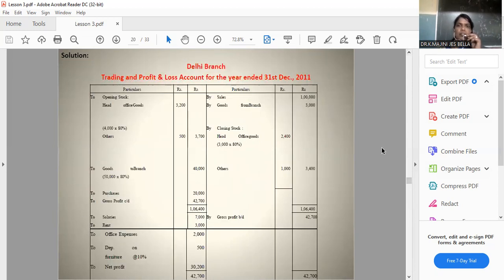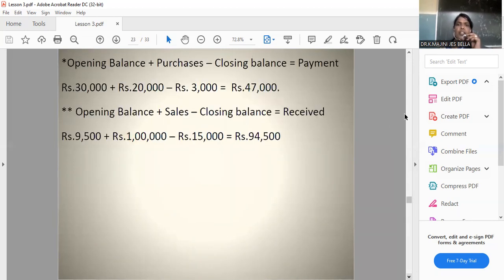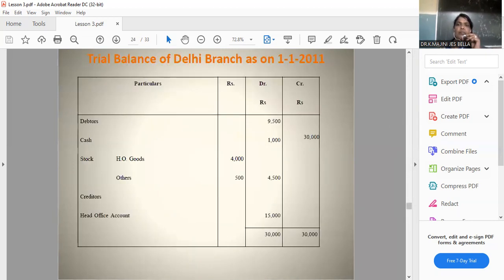Cash 1,000 rupees. Then we have to write it. Credit balance is 30,000. Then the stock, head office goods 4,000.